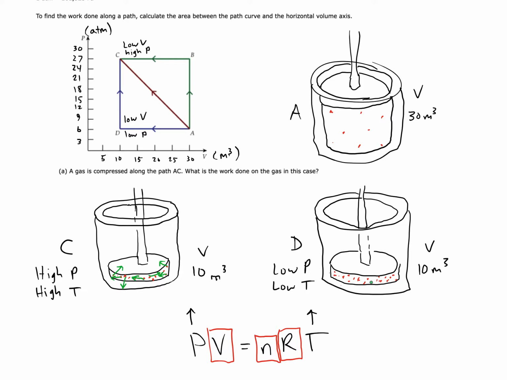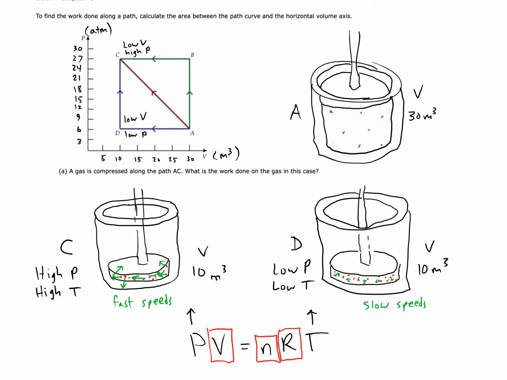Whereas in D, you get the same number of particles, but they would just have short arrows, so they would have slow speeds. Slow speeds. This would be fast speeds.